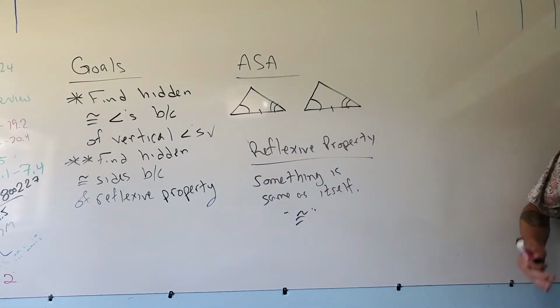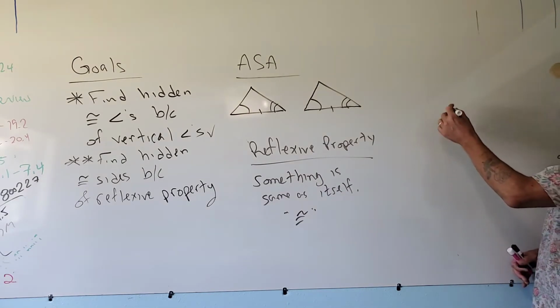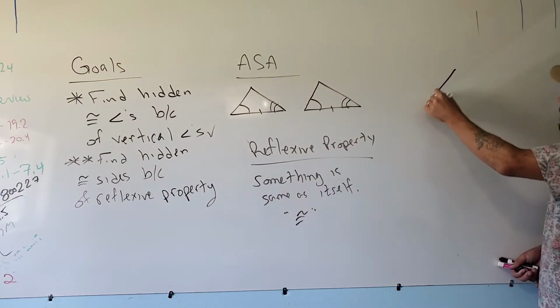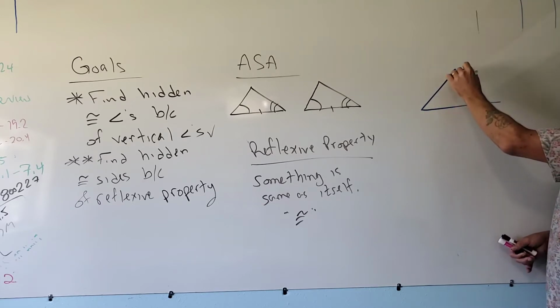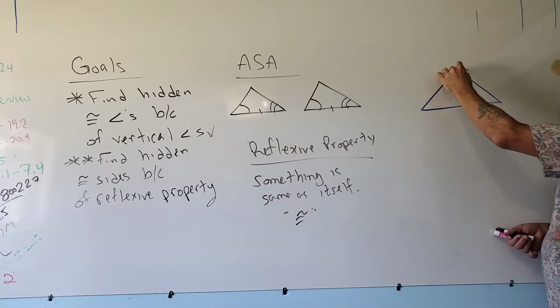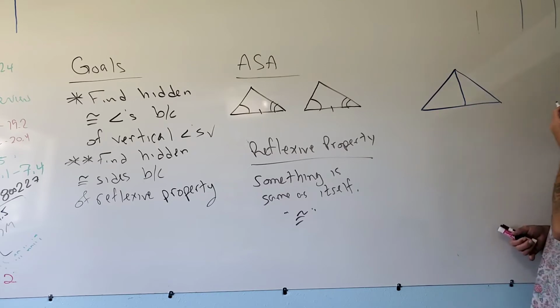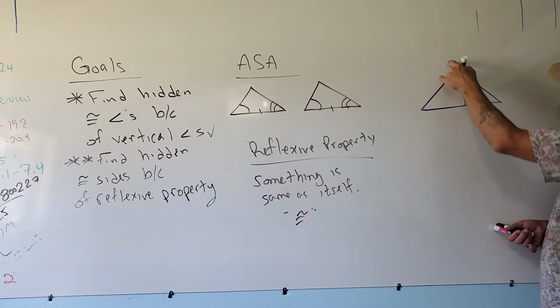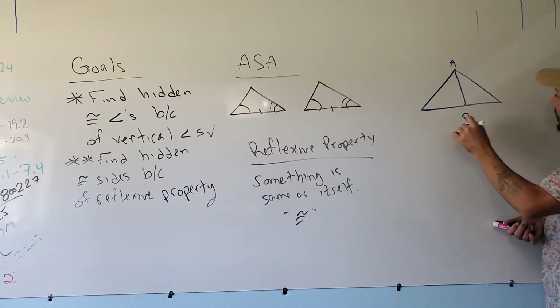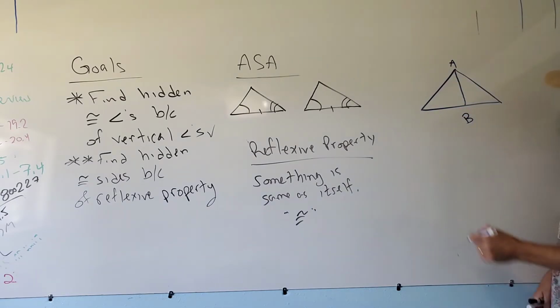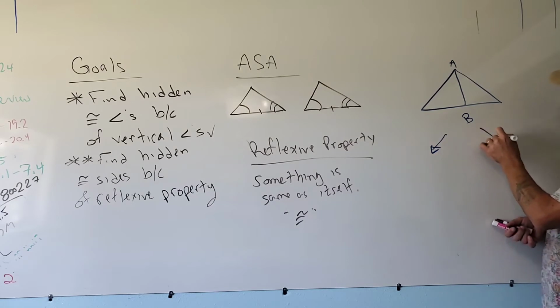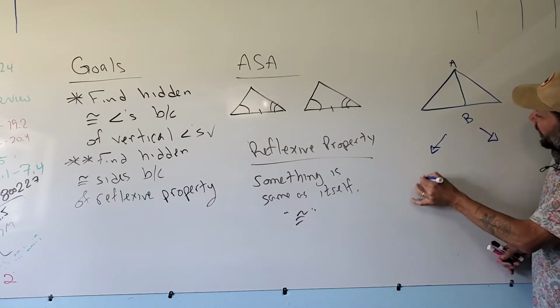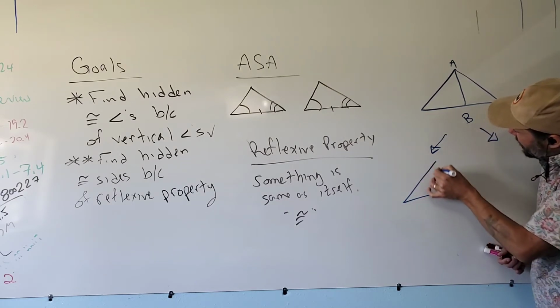So, the way that the picture will look for reflexive is you're going to have something that looks like this. And you're going to have 2 triangles that are actually sharing a side. Okay, so this side right here, the length from A to B, that side is in both of these triangles. And you could think of it like you could split the triangle into 2.